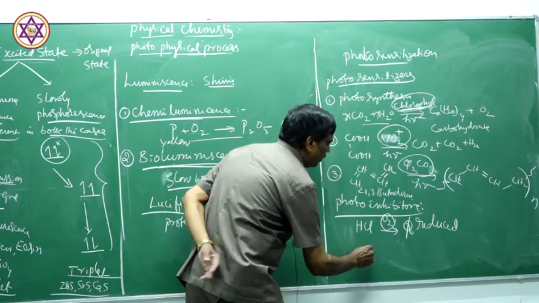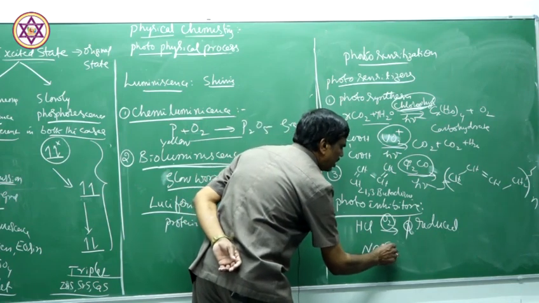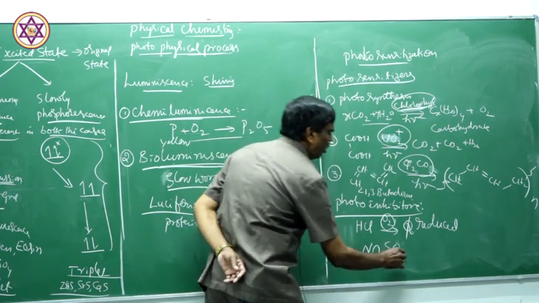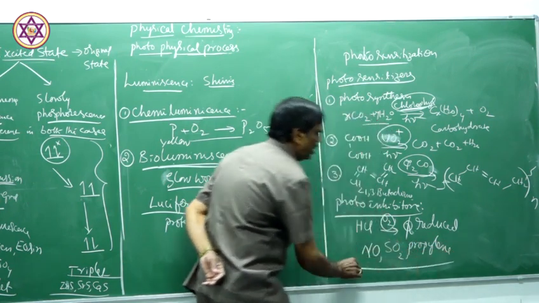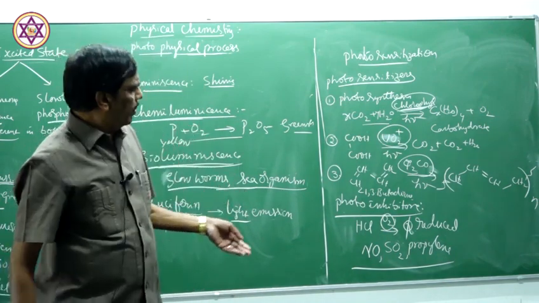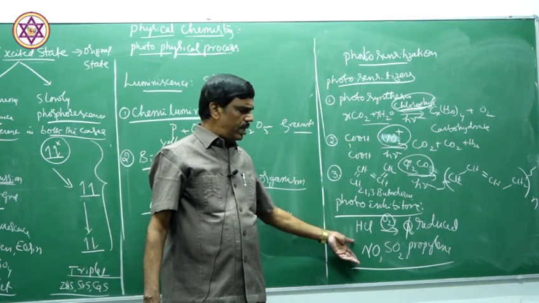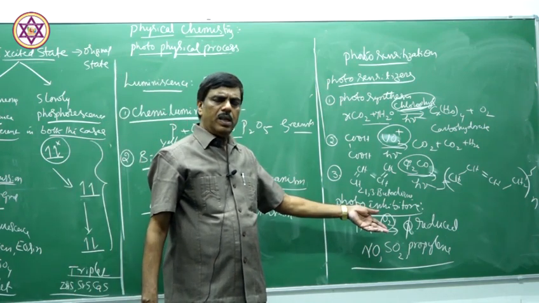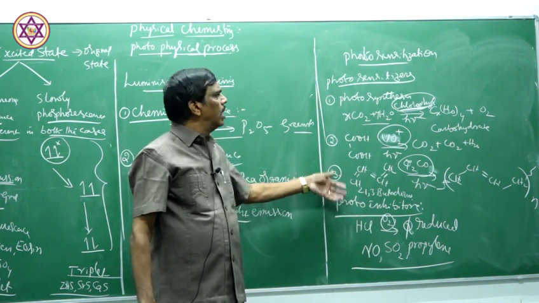Similarly, the presence of compounds like nitric oxide, sulfur dioxide, propylene, and many other substances inhibit many reactions. Many photochemical reactions will be inhibited by nitric oxide, sulfur dioxide, propylene, and so on. These types of substances are called photoinhibitors.